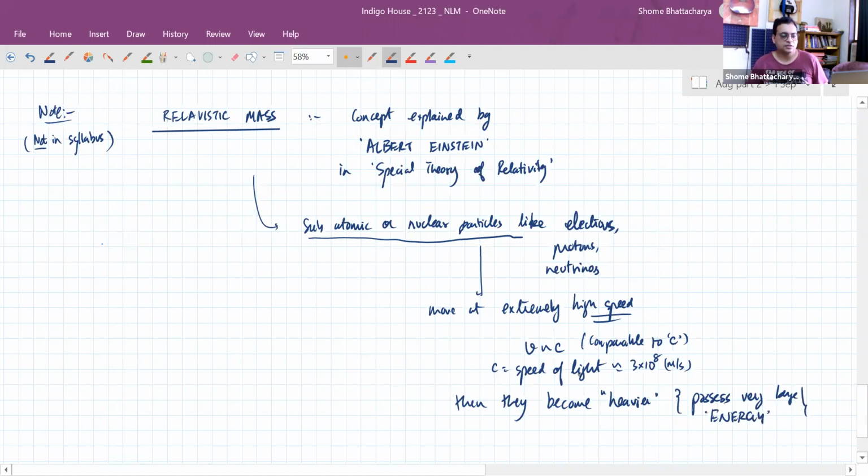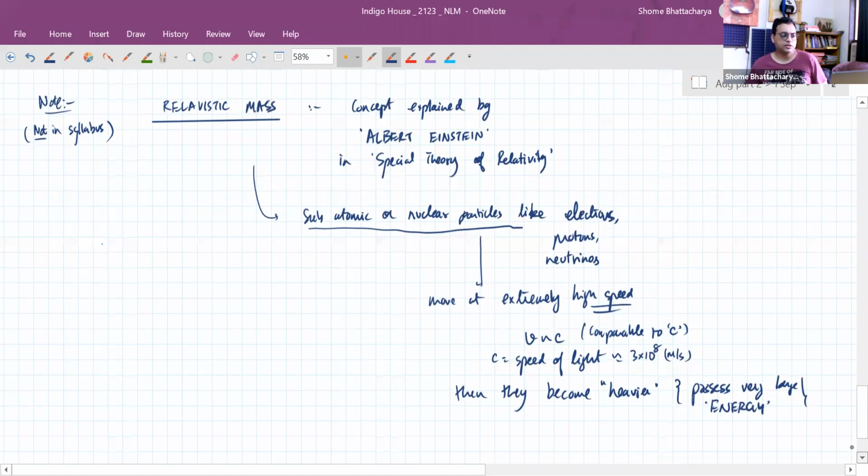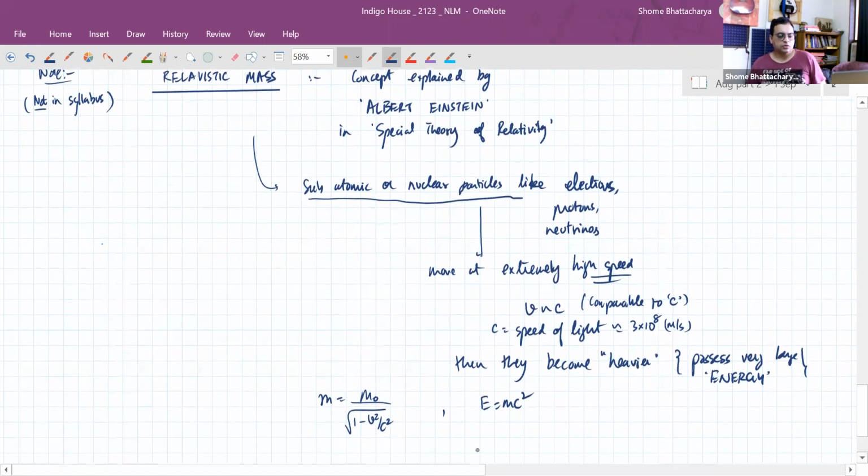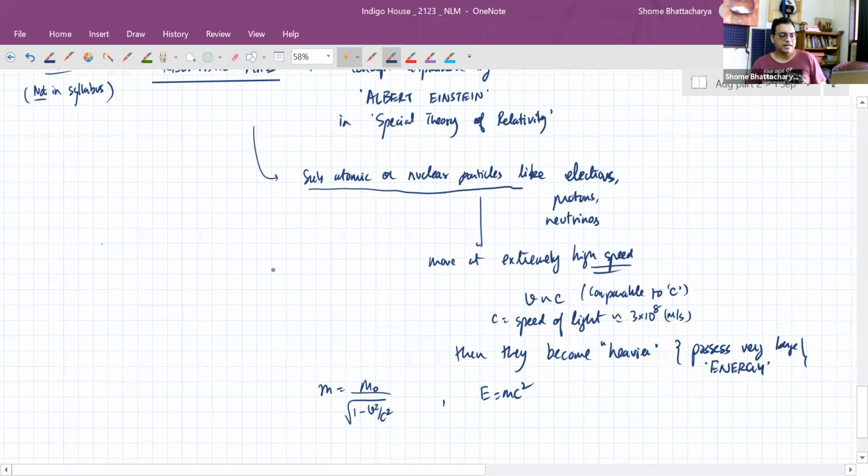That also brings into play the mass-energy relation, which you might have heard of, E is equal to mc square. So there are two equations that become important over here: m is given by the formula m naught upon square root of 1 minus v square by c square. And the other equation is E is equal to mc square. Here the quantity m is called the dynamic mass.